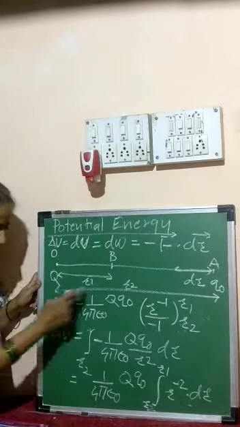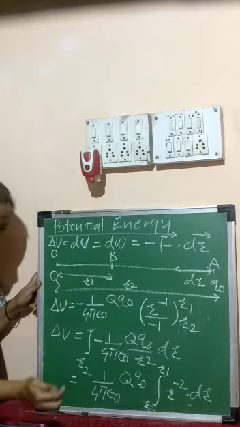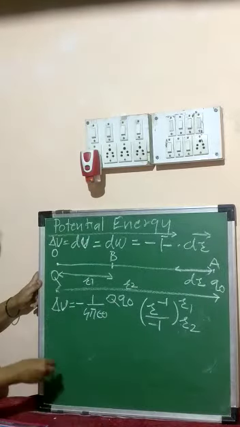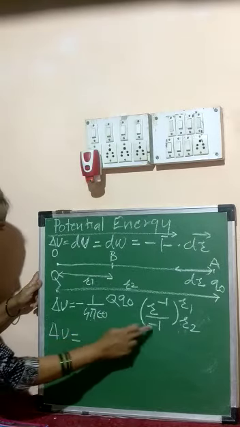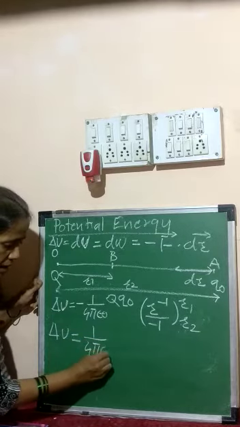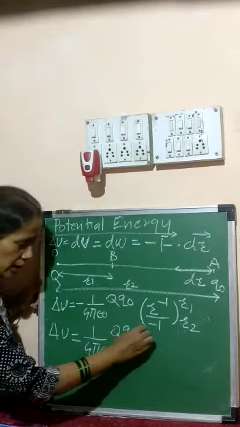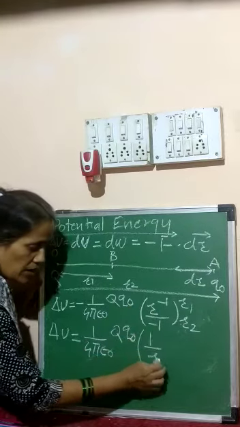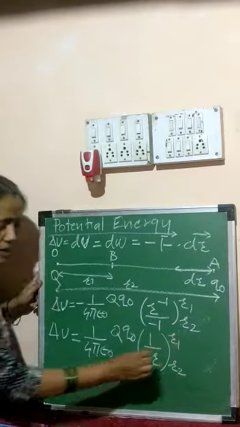Now this minus 1 and this minus sign will become plus. So the change in potential energy delta U can be written as 1 upon 4 pi epsilon naught capital Q Q0 into bracket 1 upon R, limits from R2 to R1.